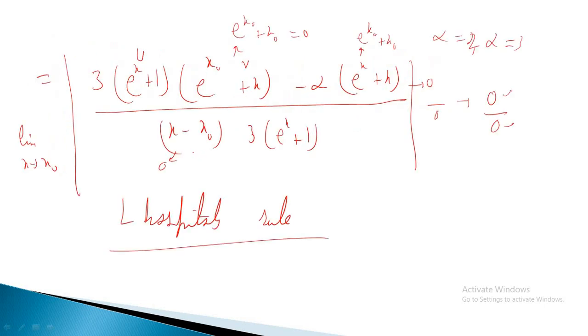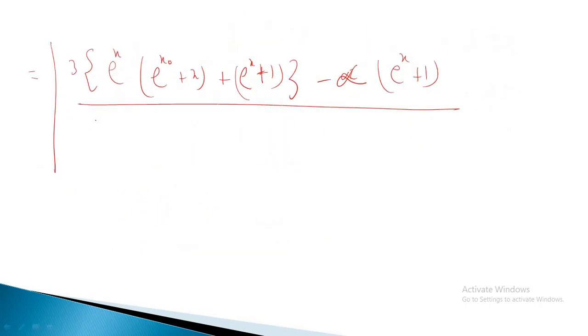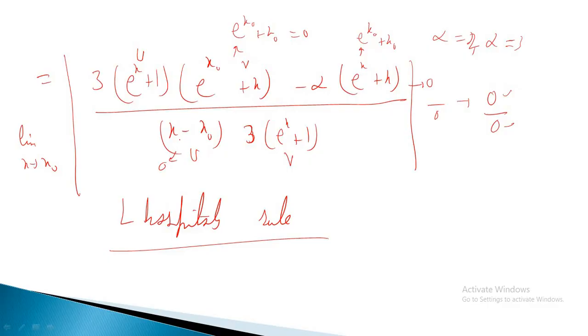differentiating the denominator independently, let us say it is u, it is v, and 3 is a constant here. So we'll put 3 out and differentiate the uv. First differentiate u, so differentiation of x is 1, x naught is constant, it will be 0, so it will be 1 times e raised to power x plus 1.